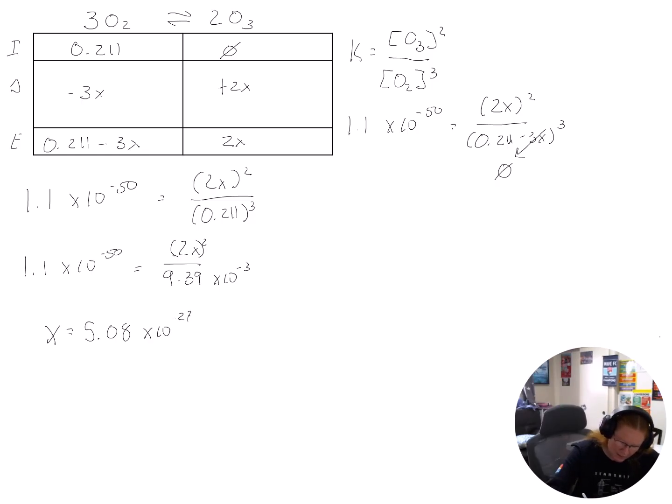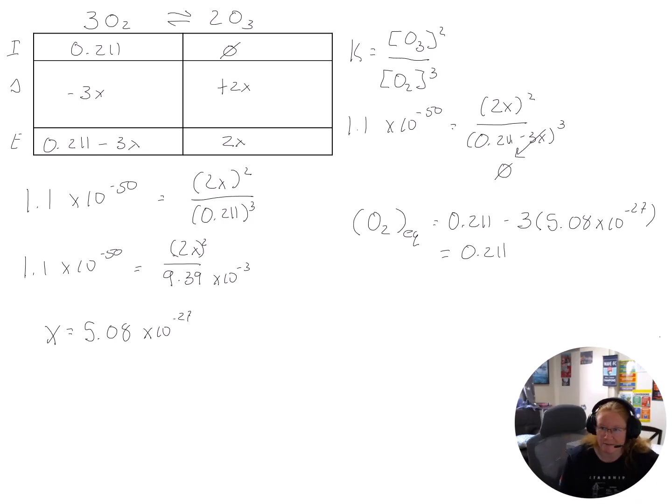Okay, and so my pressure of oxygen at equilibrium, if I take 0.211 minus 3 times 5.08 times 10 to the negative 27th, I just get 0.211 because that's so small. That doesn't matter, right? And then the pressure of my ozone at equilibrium would just be 2 times the 5.08 times 10 to the negative 27th.